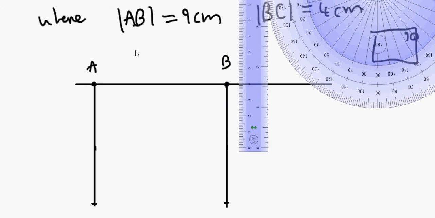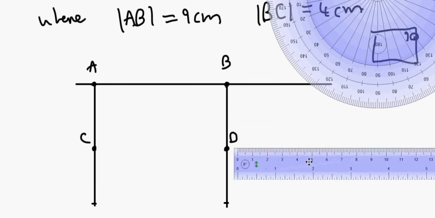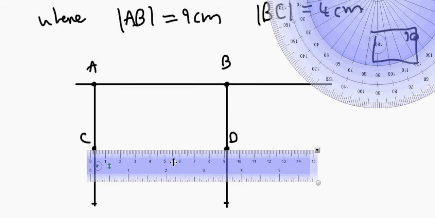Okay, so we can see the 2 marks made there, 1 and 2, and these are the points C and D. And then all we need to do is just turn it around, join them together, like so, and now we've constructed the rectangle ABCD.